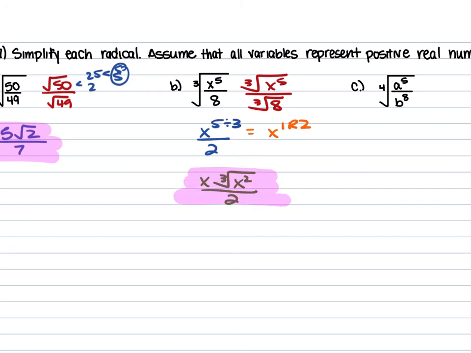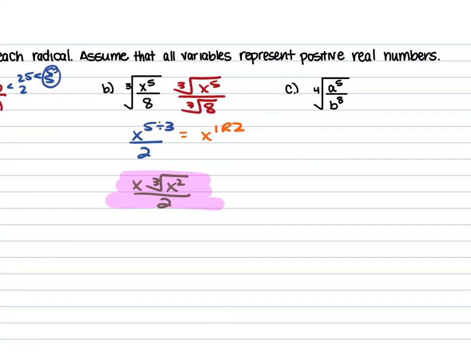For example C, we have the 4th root of a to the 5th over b to the 8th power. So this we're going to rewrite as the 4th root of a to the 5th power over the 4th root of b to the 8th power. That a to the 5th power, we're going to divide the 5 by 4. That b to the 8th power, we're going to divide the 8 by 4.